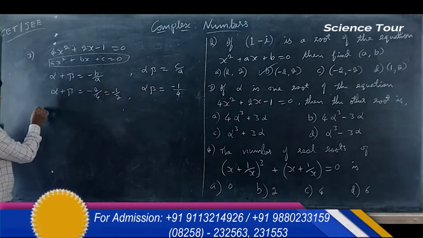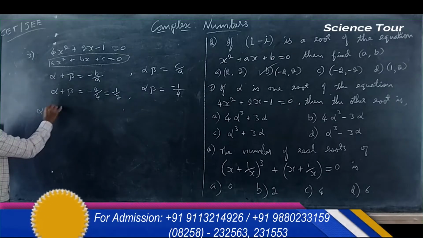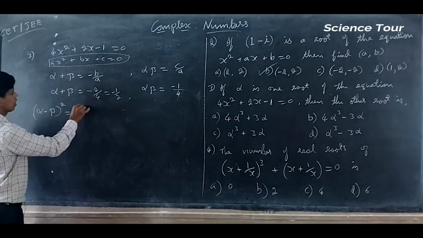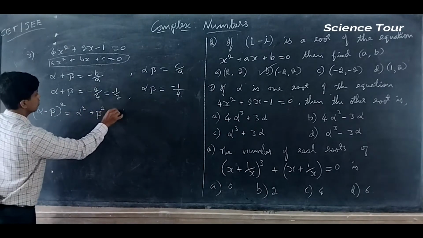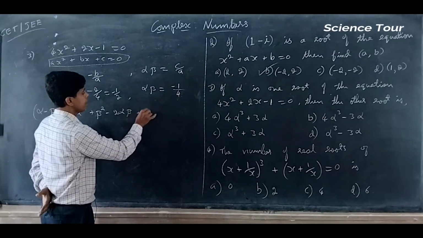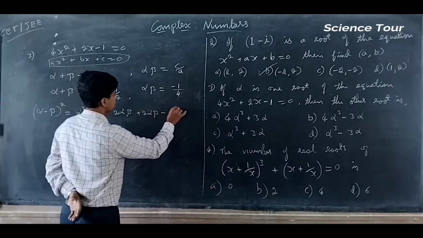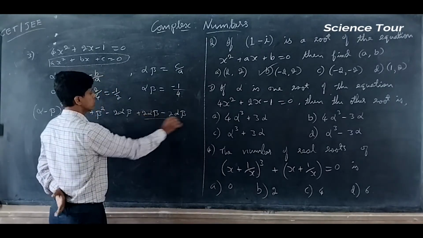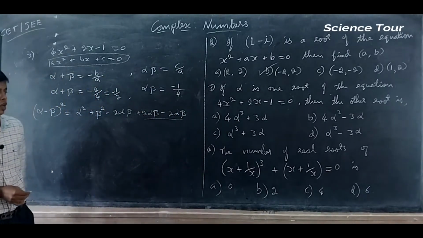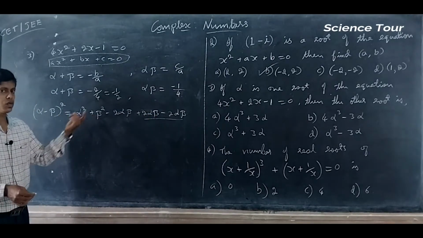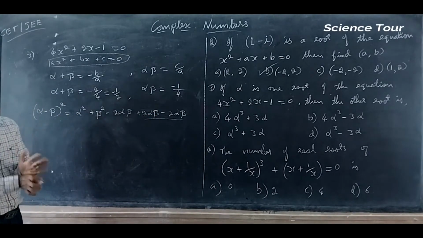I'll tell you how. See, alpha minus beta whole square, what is it? It is alpha square plus beta square minus 2 alpha beta, is it not? Now what I'll do is add 2 alpha beta and subtract 2 alpha beta. Whenever you add something you have to subtract, then only there is no difference between the original and the resultant thing.